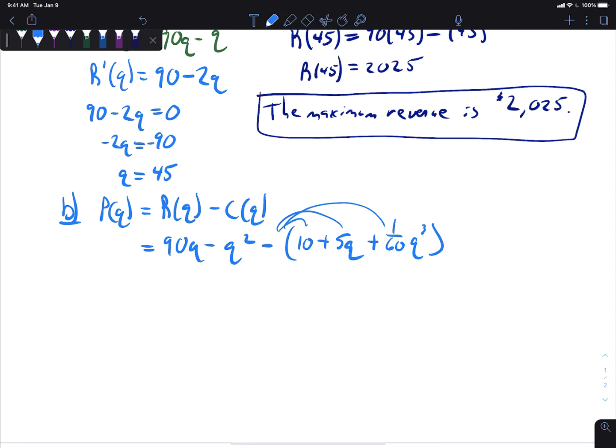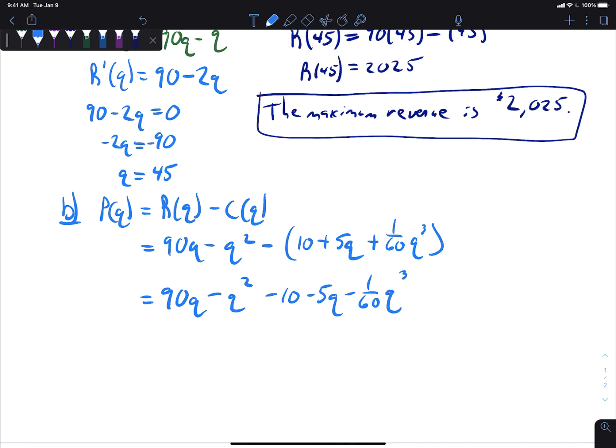Distribute the negative. This gives us 90Q minus Q squared minus 10 minus 5Q minus 1/60th Q cubed. Okay, good. Now, notice that we can combine like terms, and I want to put this in descending order.